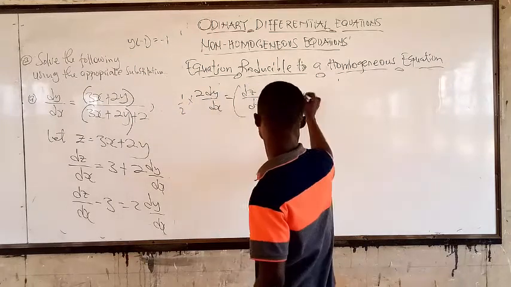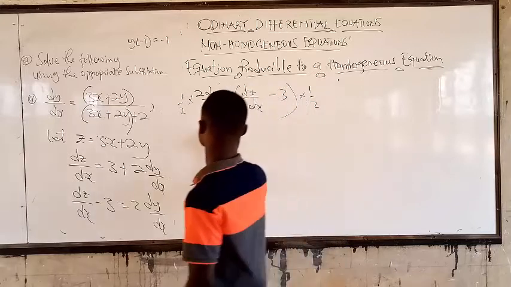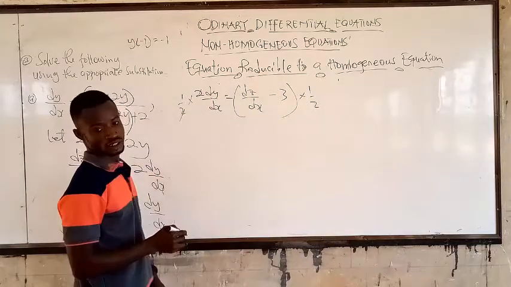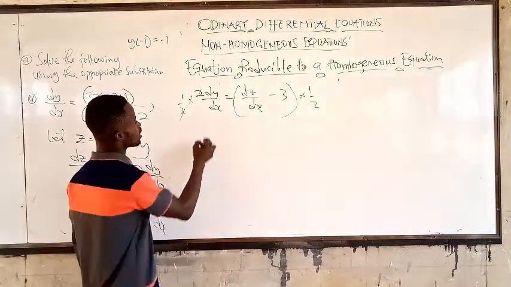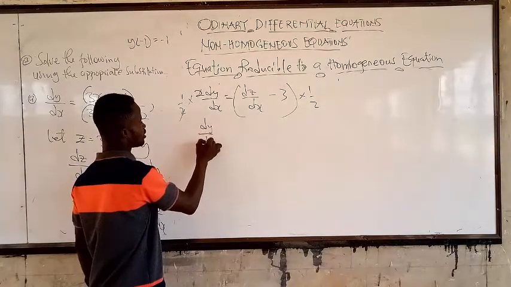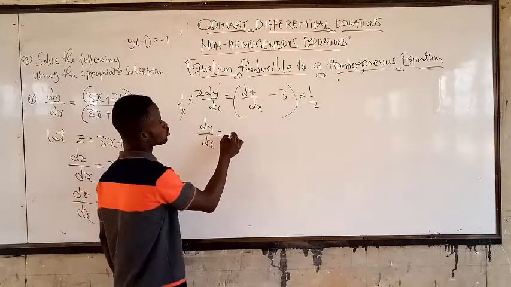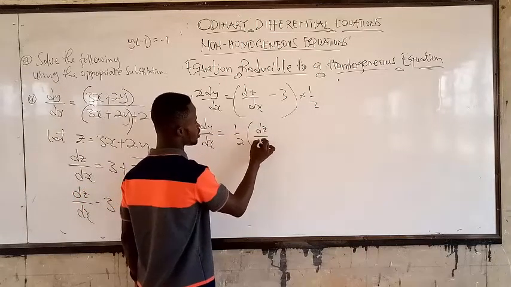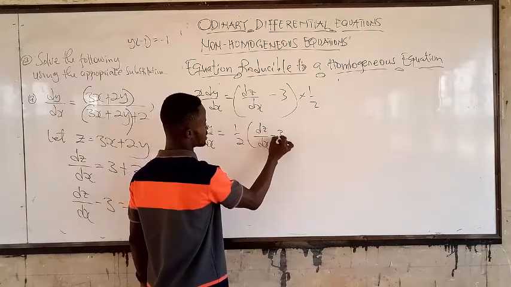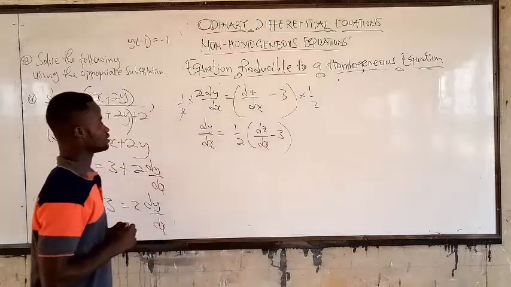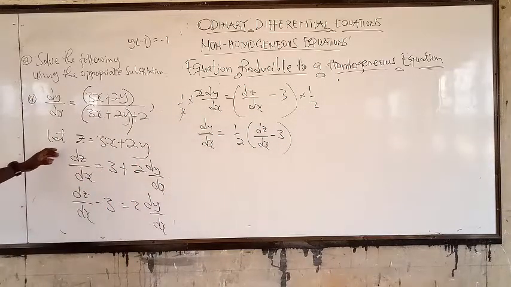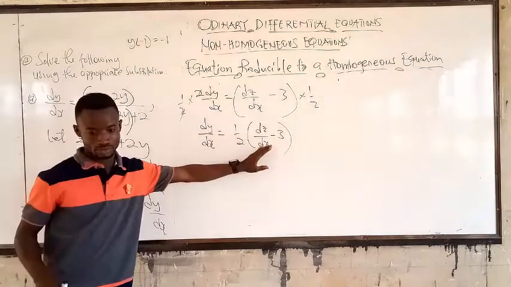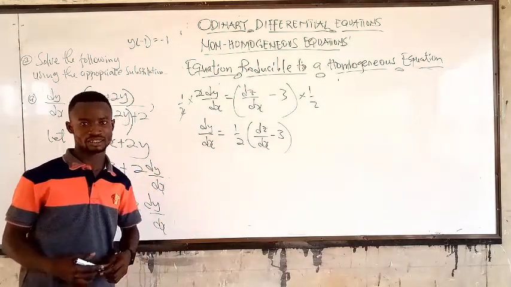So this cancels this. Then we get dy/dx to be equal to half of dz/dx minus 3. Alright. So by substitution, dy/dx is that. I hope you can see that.